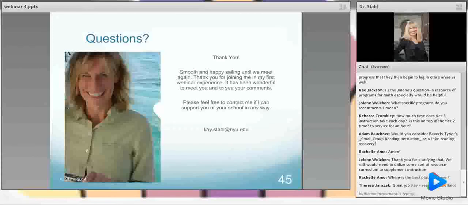I guess it would fit in Tier 2 if that is what the assessments say, if your assessments say that your child is having difficulty reading increasingly difficult text. But I would hate to see that duplicate exactly what is happening in Tier 1, if they're using similar procedures to Tier 1 and that is not being effective.